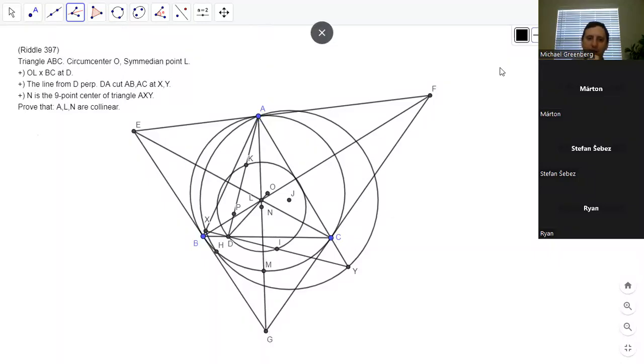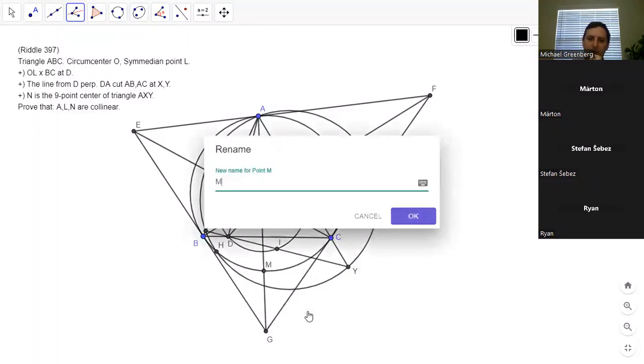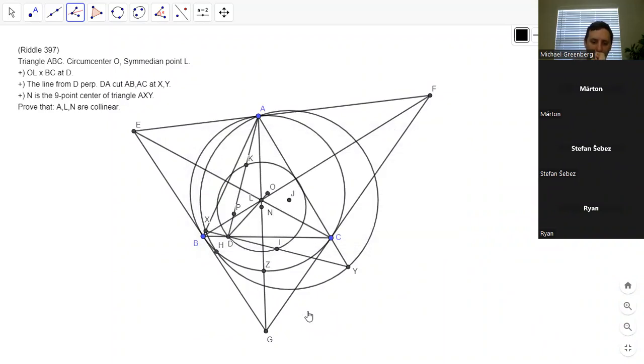Oh, because I keep thinking M is the midpoint of arc BC. It's not. It's the point that makes it harmonic. Okay, we call this Z, so I don't get confused.